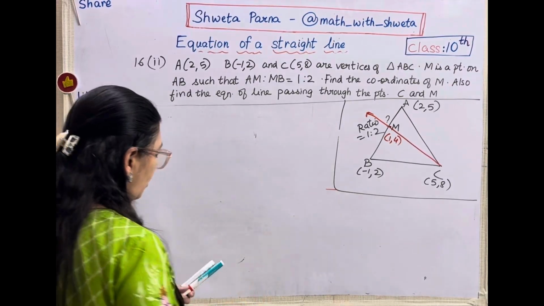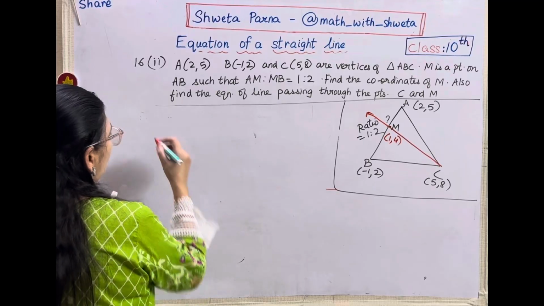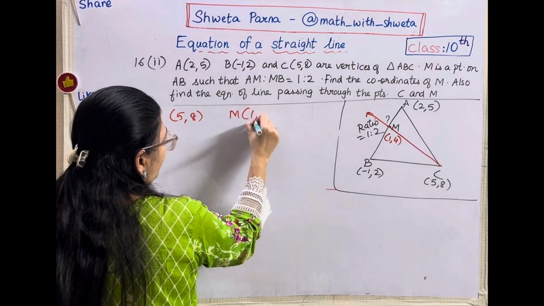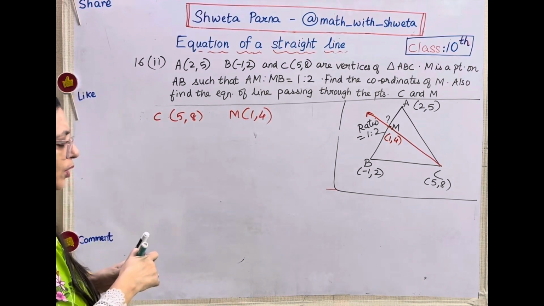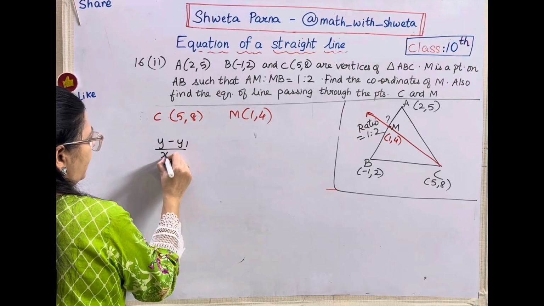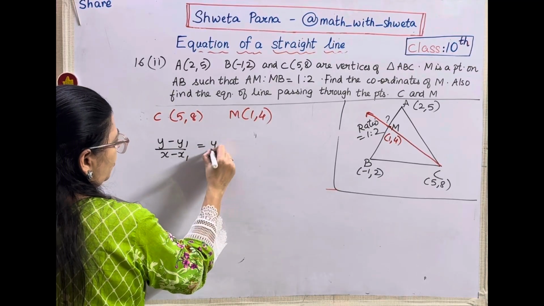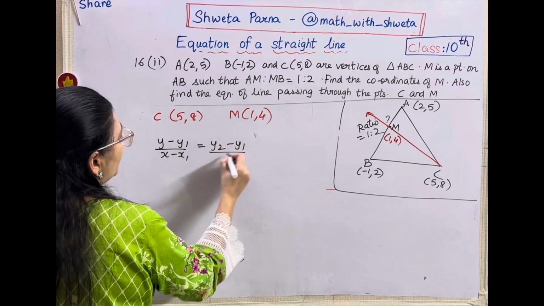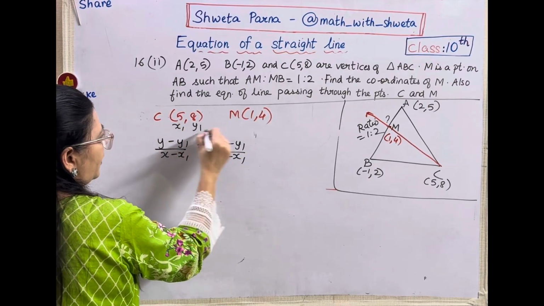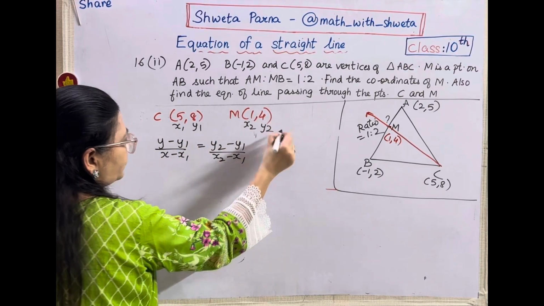By two-point slope, C you got as (5, 8) and M is (1, 4). So (y - y1)/(x - x1) is equal to (y2 - y1)/(x2 - x1). This is x1, y1 and this is x2, y2.